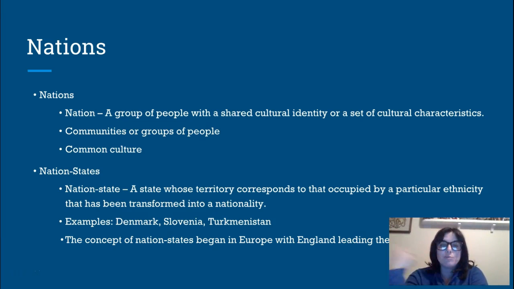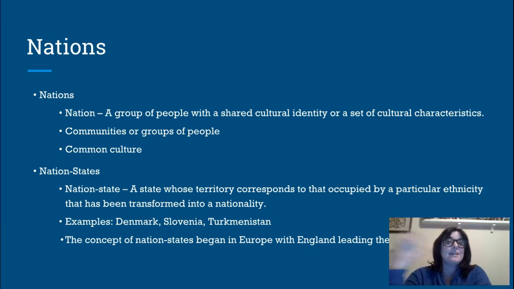A nation is a group of people with a shared cultural identity or a set of cultural characteristics. Okay? So sometimes we talk about Raider Nation. So that's the unification of all the people who call themselves Raiders fans, right? That's a nation. Arab countries might call themselves the Arab nation.